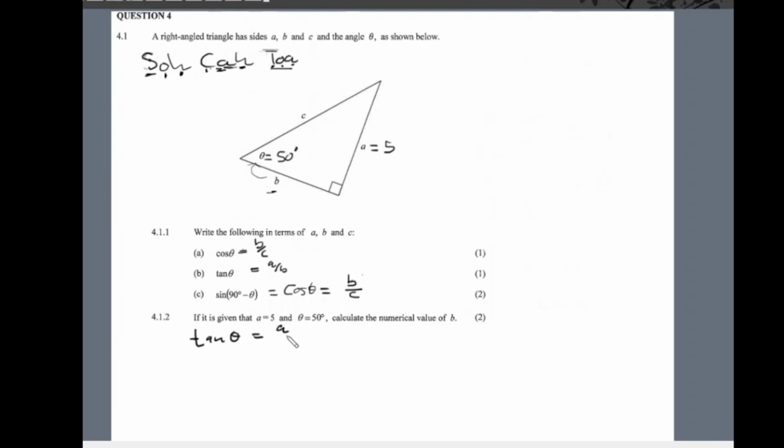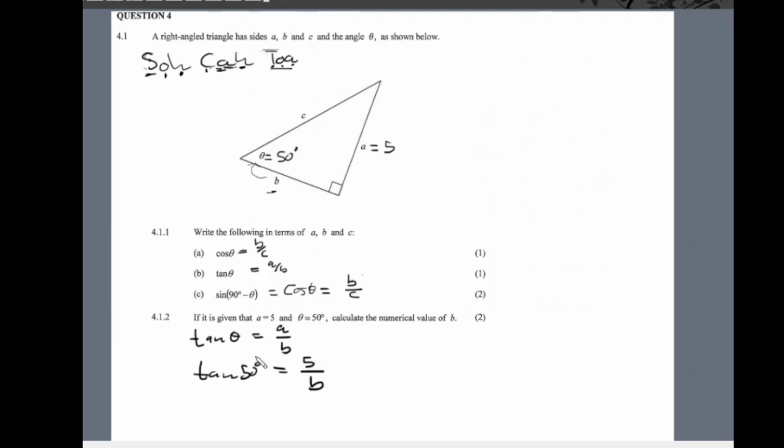The opposite side is A, the adjacent side is B. And then if theta is 50 degrees, we substitute 50 there, and A is 5, we substitute 5 there.